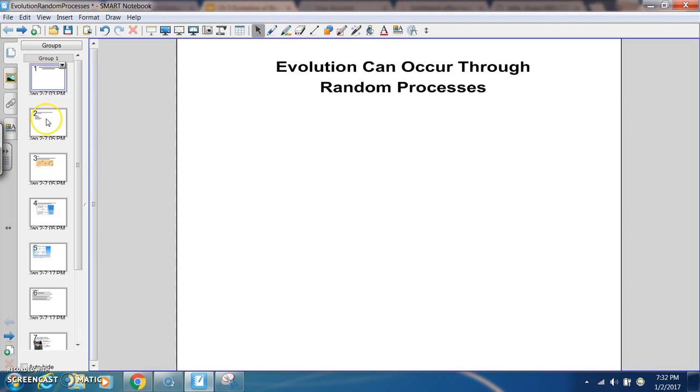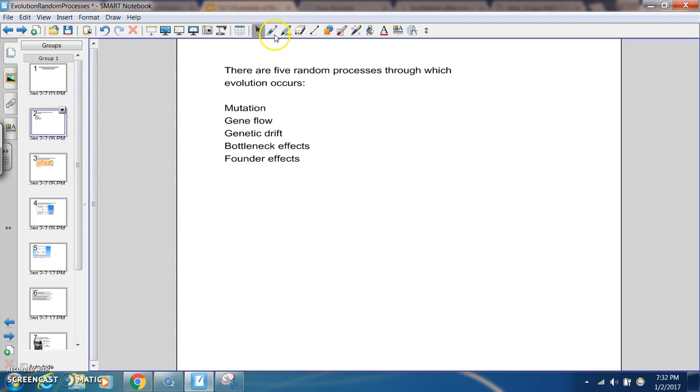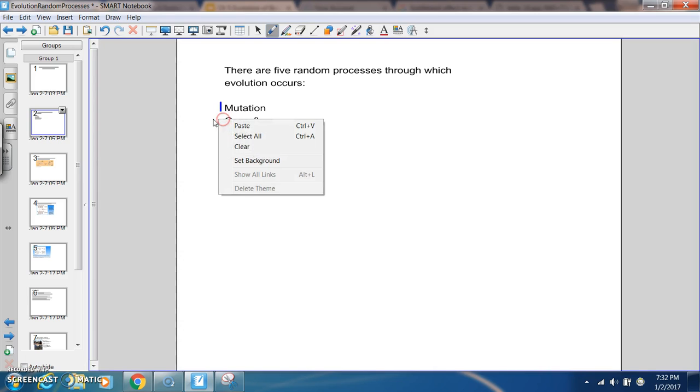And evolution can occur through random processes as listed here. The first one that we're going to go over today is mutation, and then we will go over what gene flow is, followed by genetic drift, then bottleneck effect, and finally the founder effect.